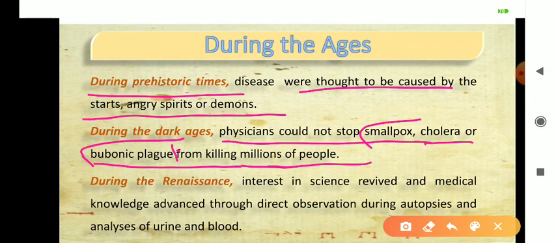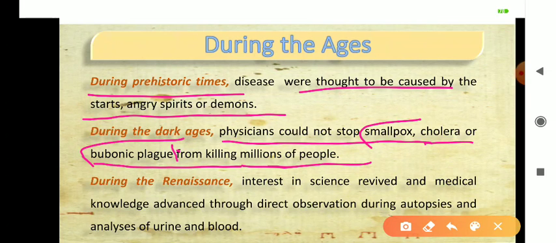It could not be treated, and millions of people were killed by these diseases. During the Dark Ages, minimal progress was made towards understanding health or illness. The medical care consisted of magic and superstitious practices, and magicians were treating the people.